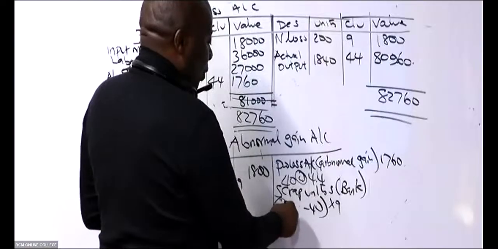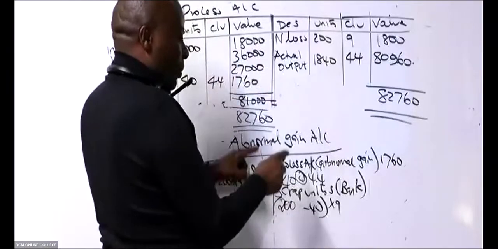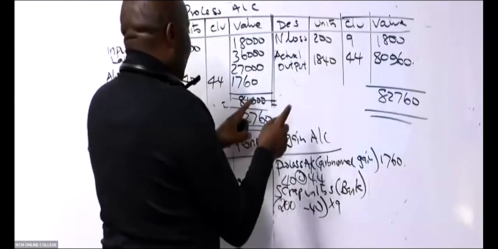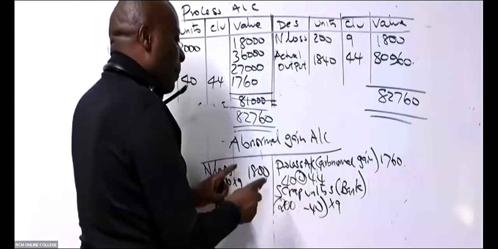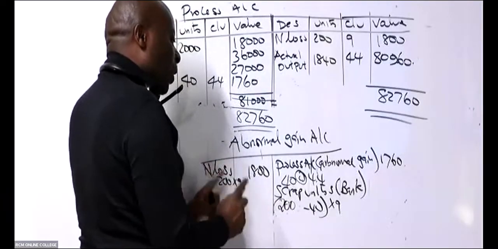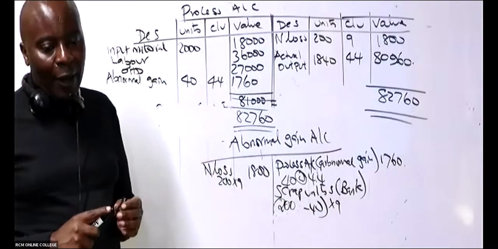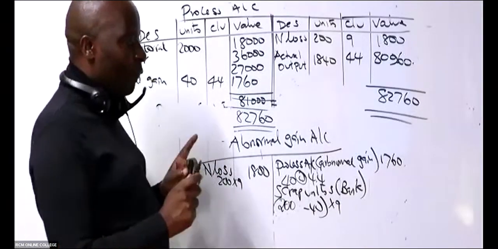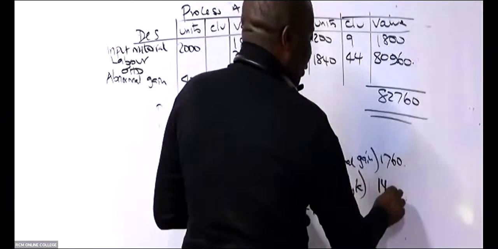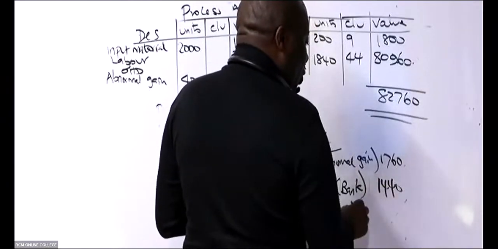Remember, these are units. 200, but we saved 40. So 200 minus 40, whatever answer you get, times 9. That is what we shall be able to receive in our bank, which gives us 1440. So then go ahead and balance.